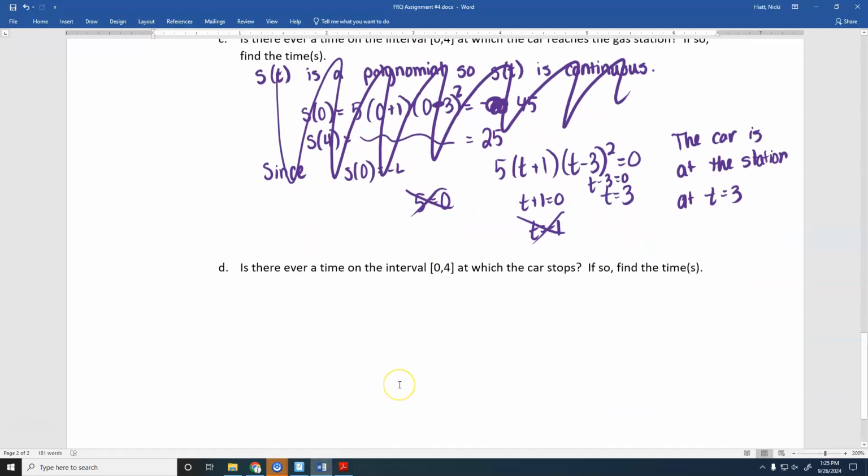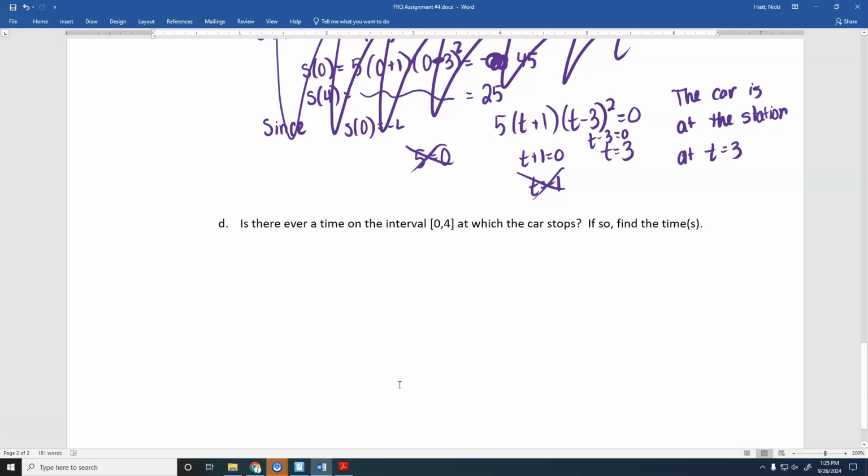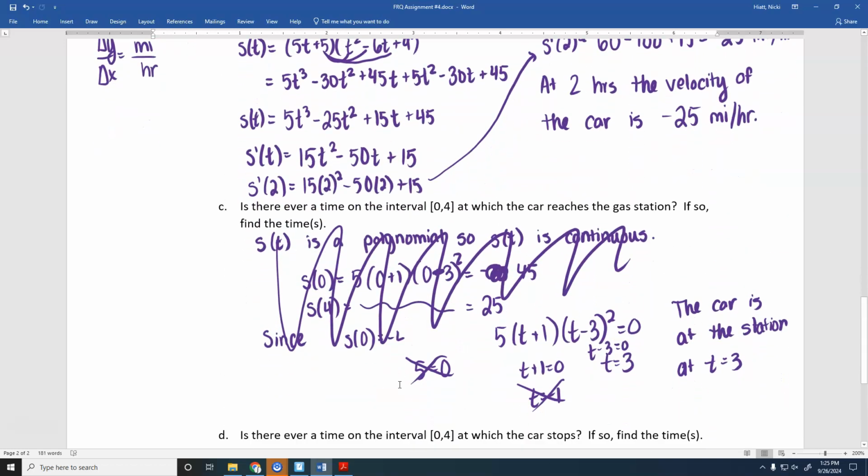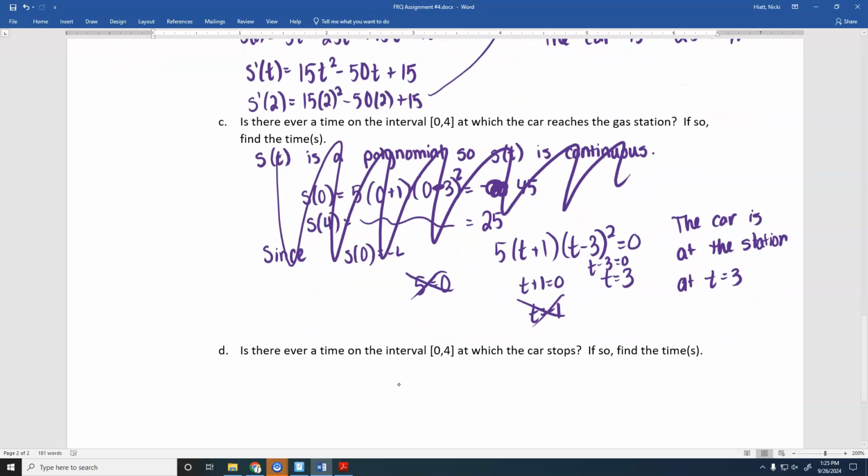All right, so if the car stops, what is its velocity? 0. So you want to take your velocity function, which is 15t squared minus 50t plus 15, and set it equal to 0, right?